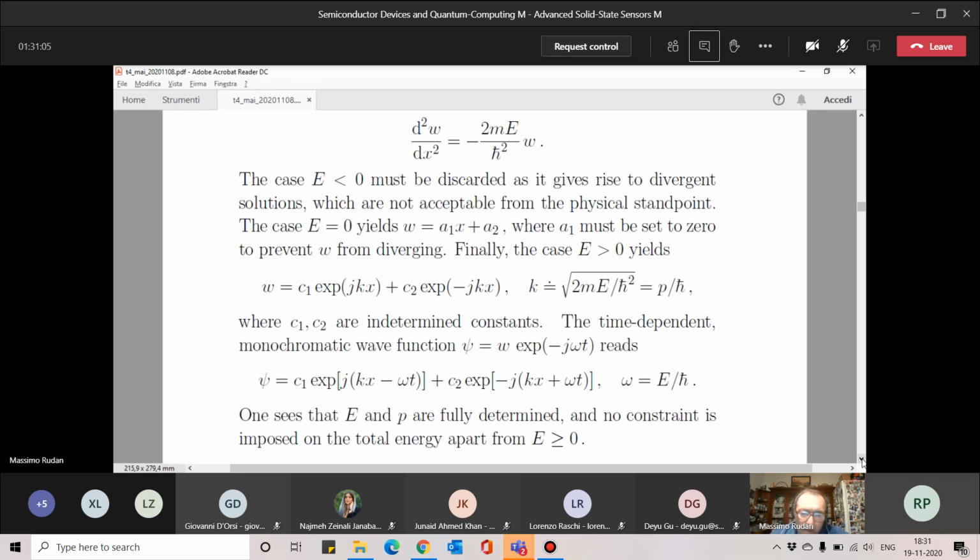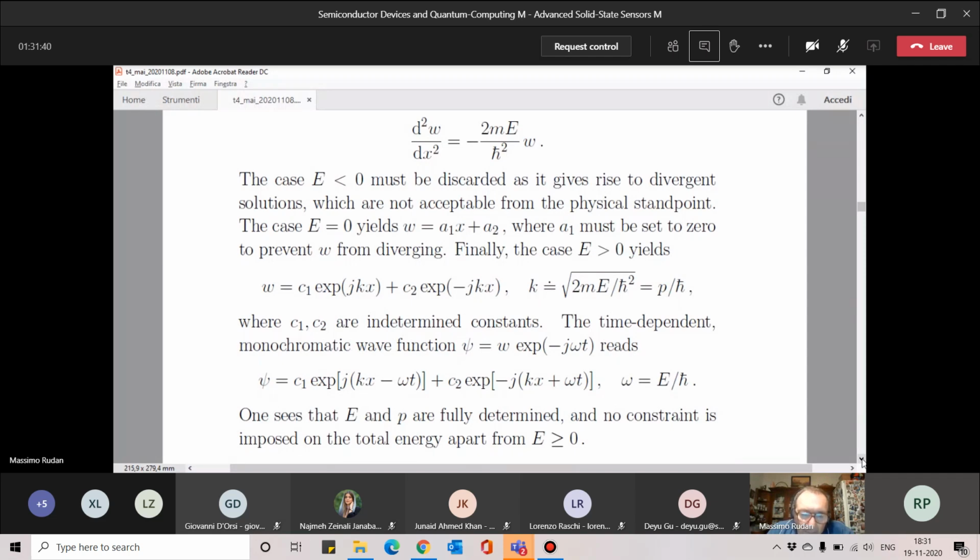But we can reconstruct the full time-dependent wave function, because you remember when you have a conservative case with a given total energy E, then the angular frequency that must be used in the time factor of the wave function is the exponential of minus j omega t, with omega equal to the total energy E divided by h bar.